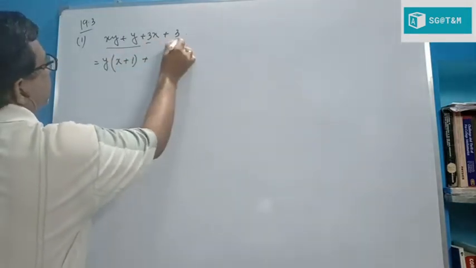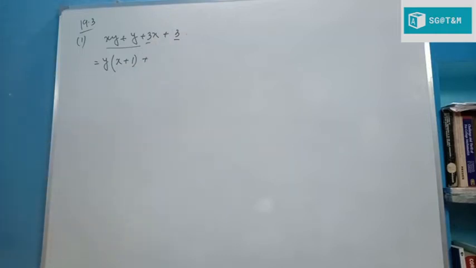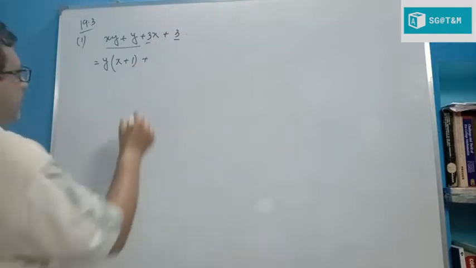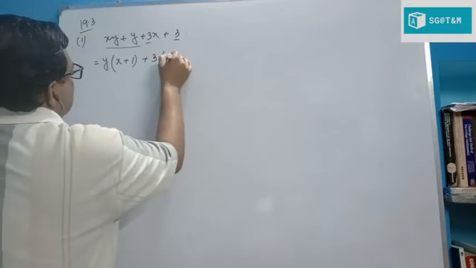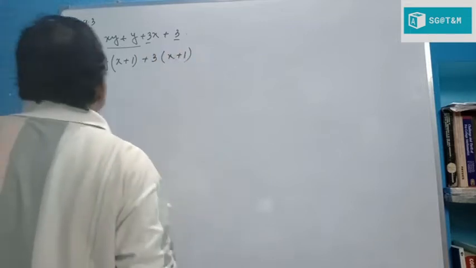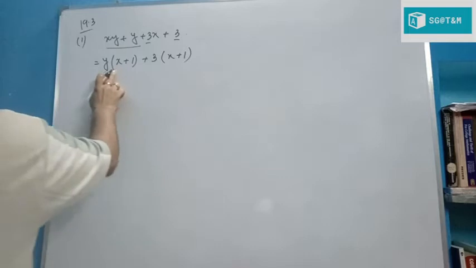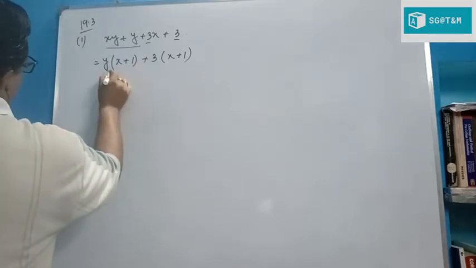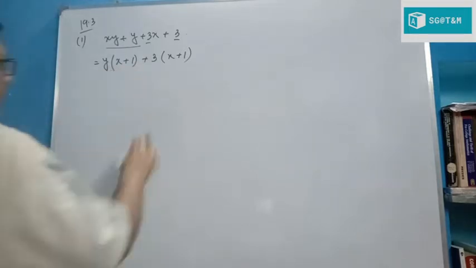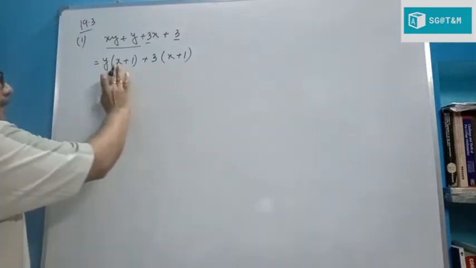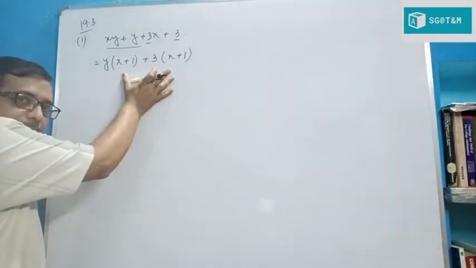From the next two terms, any common term? Very easy. 3 is common, so taking 3 common, the remaining is x + 1. Now what happened? The first term is y into (x + 1), and the second term is 3 into (x + 1). Is there any common term?